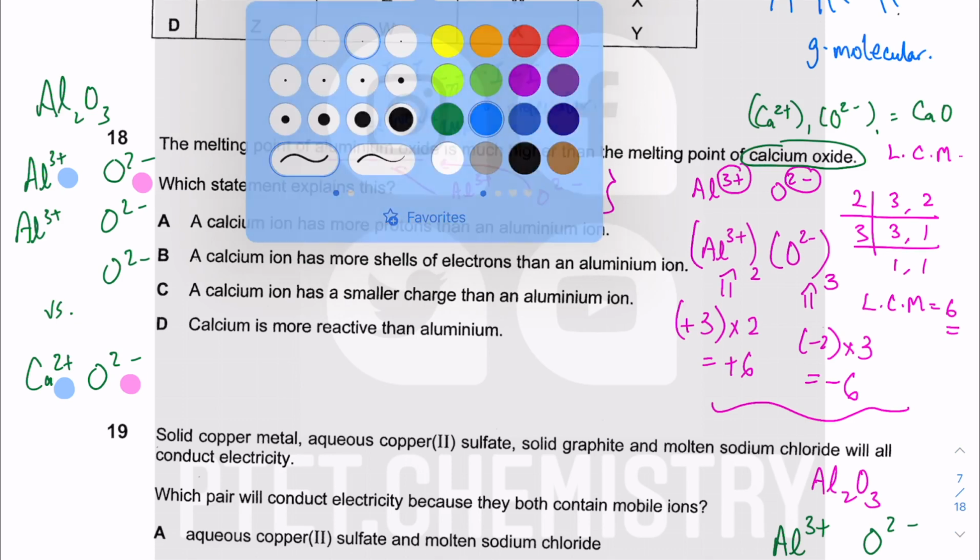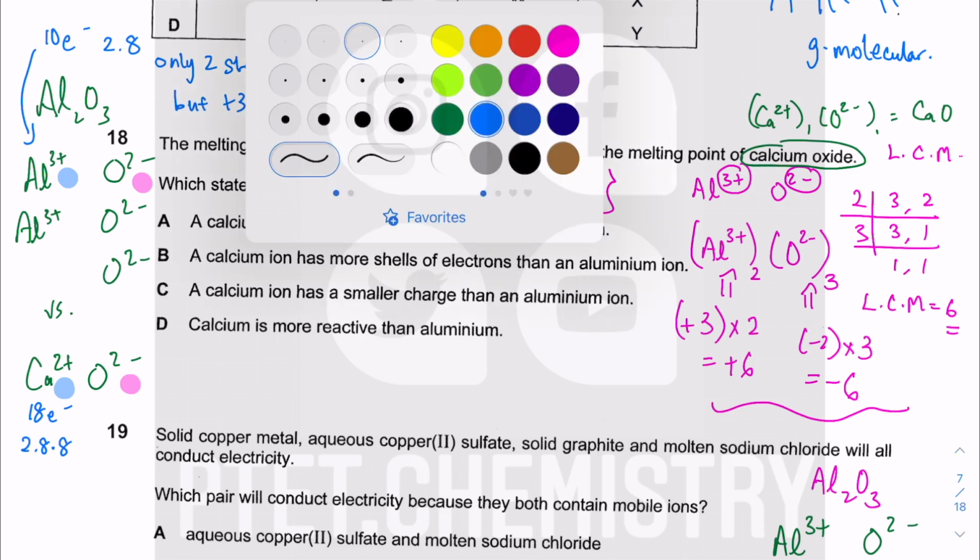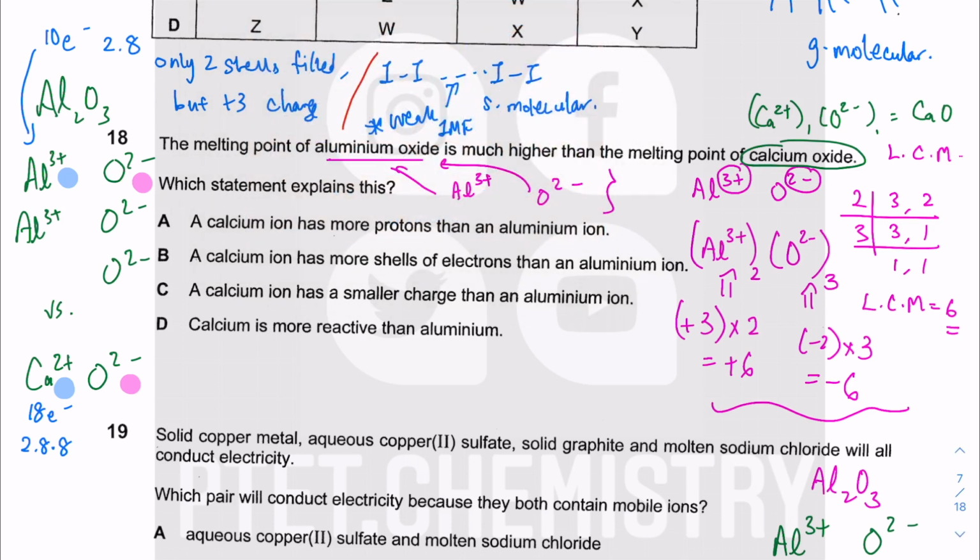If you look at electronic configuration, this one has 18 electrons, so 2, 8, 8. This one has neon configuration, so only 10 electrons, which is 2, 8. Only 2 shells filled, but a bigger charge, plus 3 charge. Whereas this one, 3 shells filled, lower charge or smaller charge than Al3+.